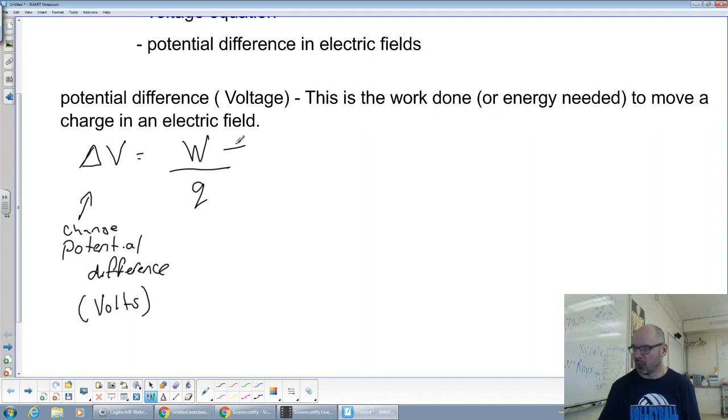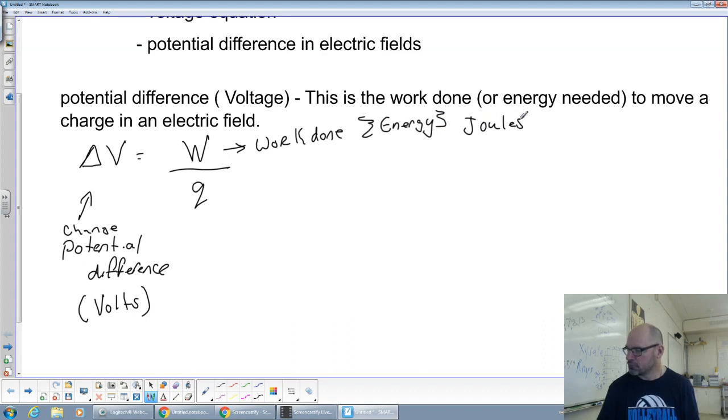Okay, this is the work done, or energy if you like, because they're equivalent units, and that's measured in joules. And this is the amount of the charge that you're moving through the electric field.